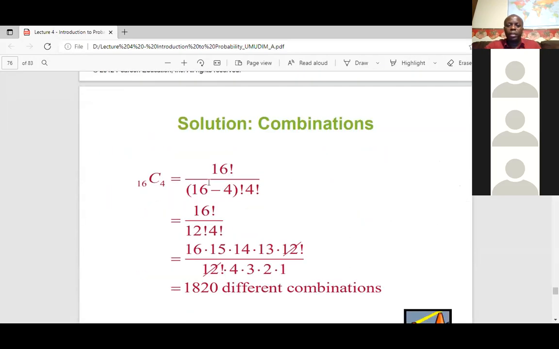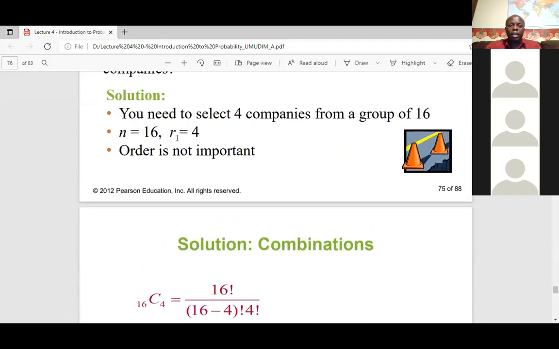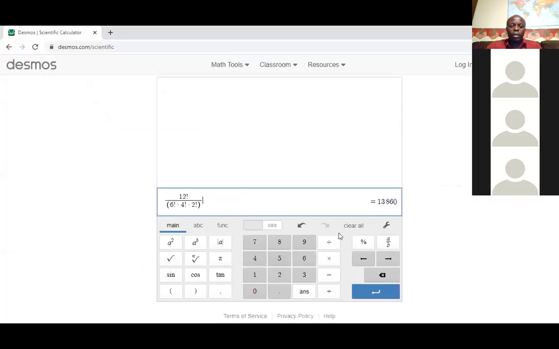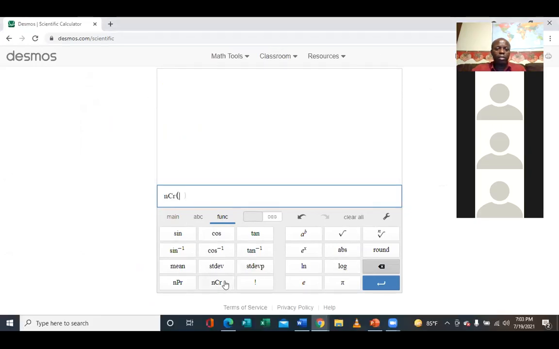So when you plug it in, 16 and R, you can go to your calculator. I'm going to clear this, go to combination. You can see we have NCR here. Let's make sure you're seeing this. See NCR right here, click on that. 16, 4.